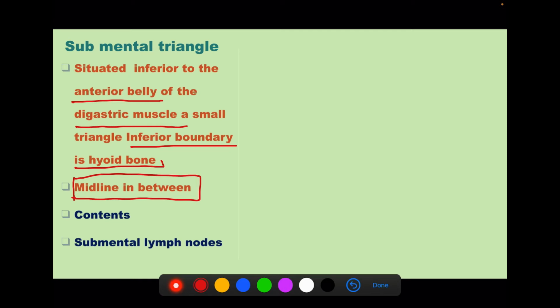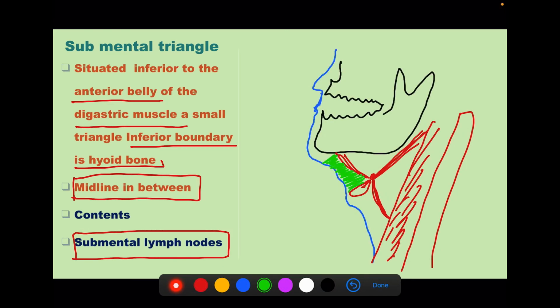This special triangle contains submental lymph nodes. In the diagram, the green region showing is called the submental triangle.